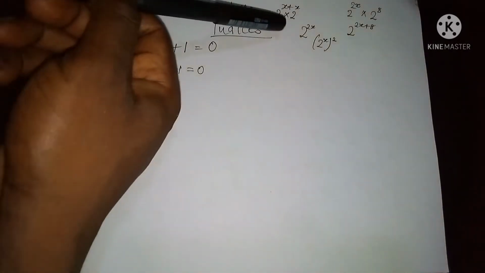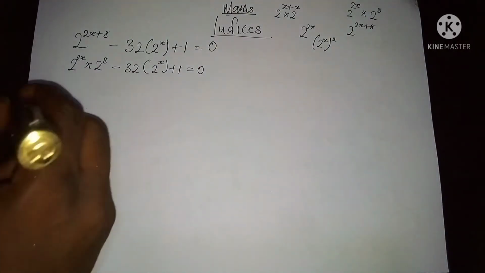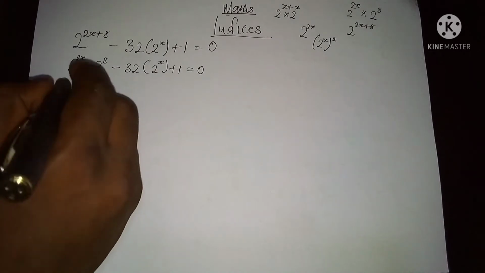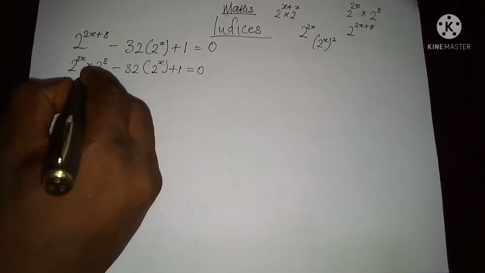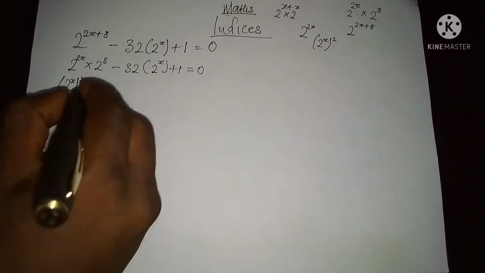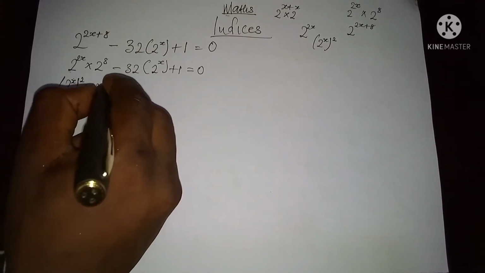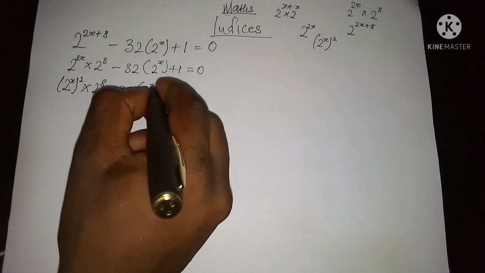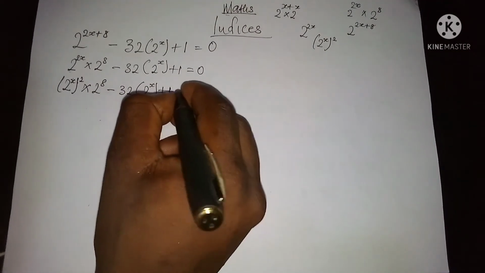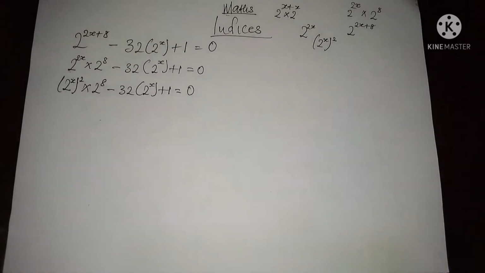This is what it means. So I'm going to replace what I have here by 2 to the power of x twice times 2 to the power of 8 minus 32 into 2 to the power of x plus 1 equal to 0. So I have simplified this to a reasonable extent.